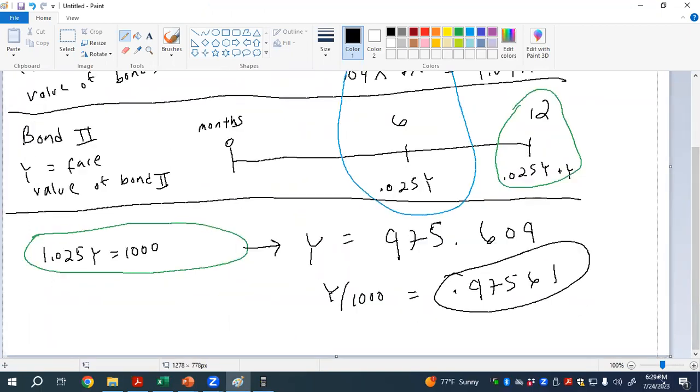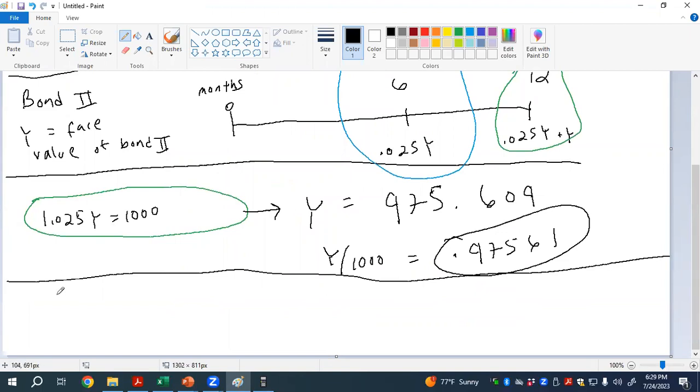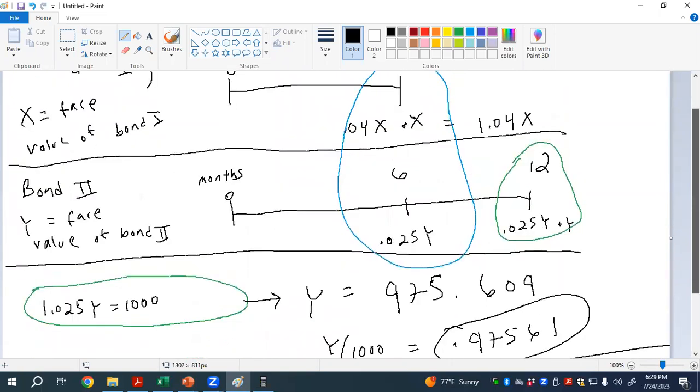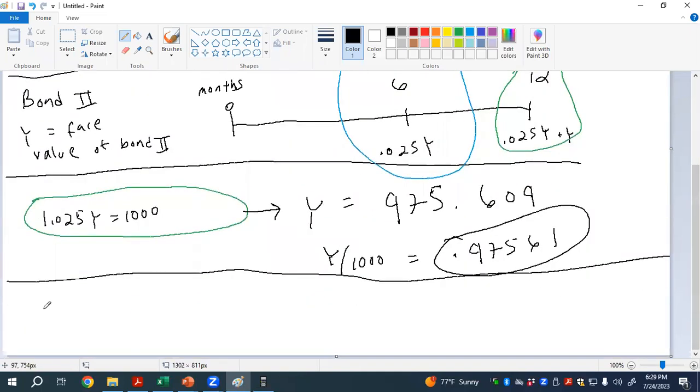What we need now is to match up the 1,000 liability at t equals 6 months to what these two investments give after 6 months. Okay, so we know what y is. It's 975.609. So I'll start off with that, and let me put this in blue here.